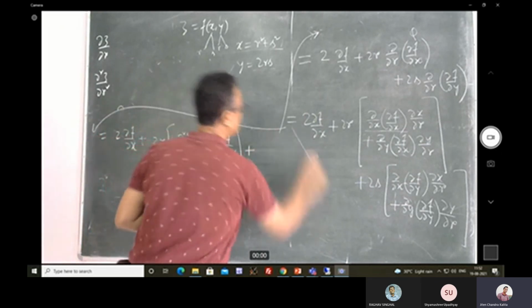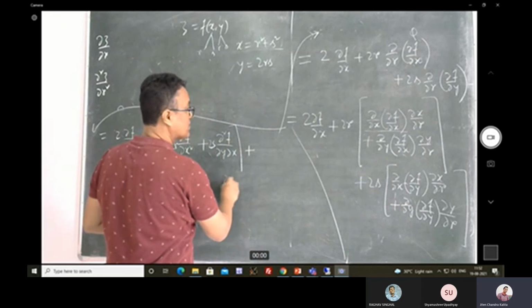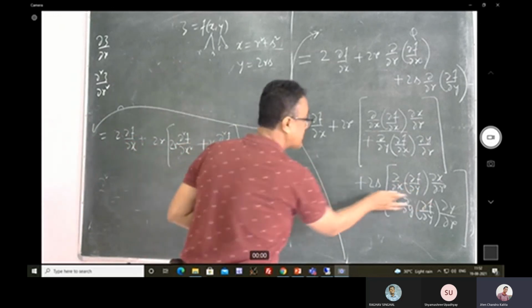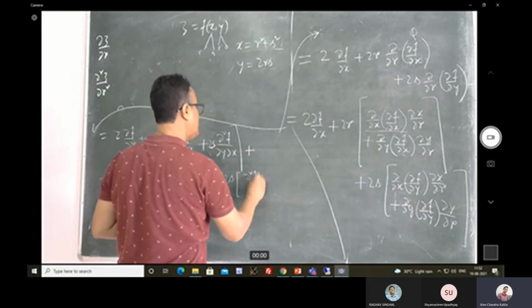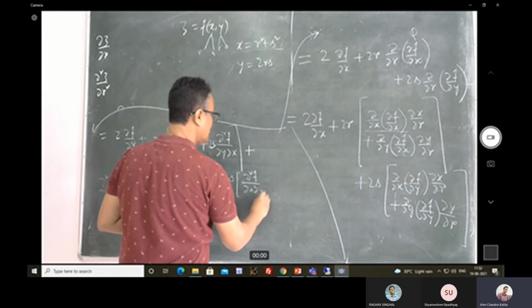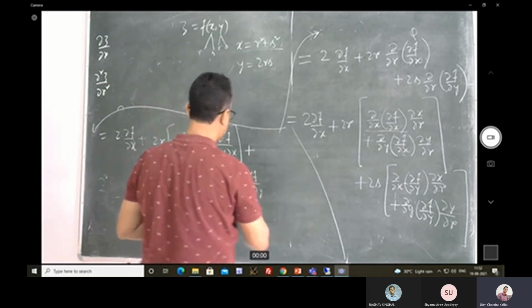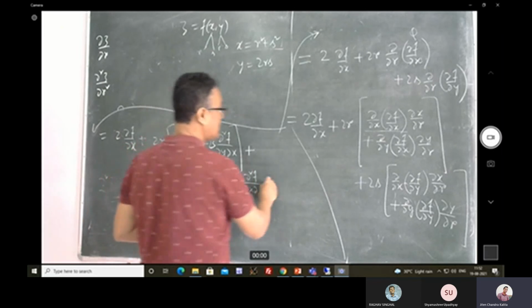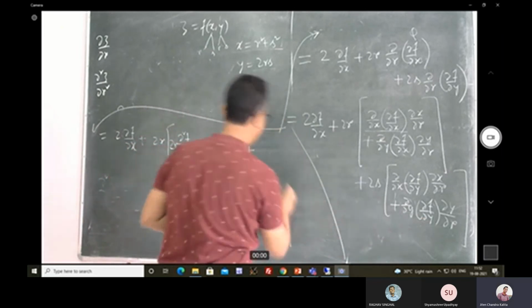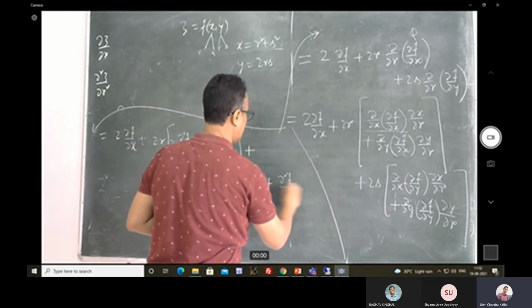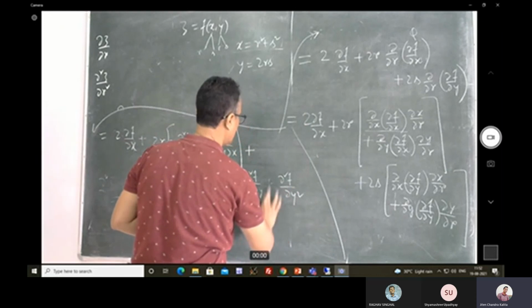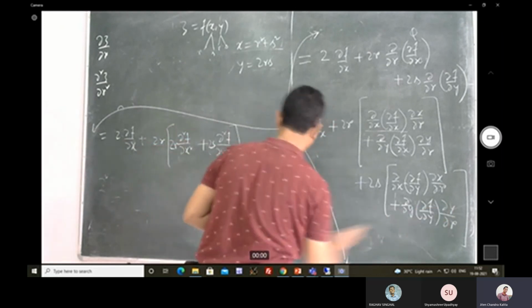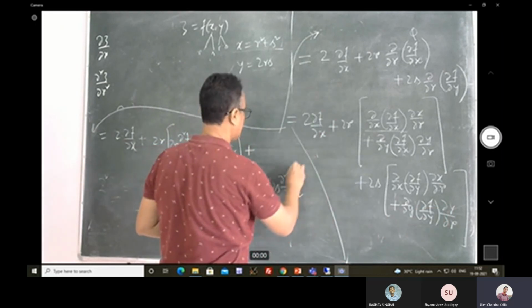Then plus 2s, and again this is a mixed derivative, I am going to keep the order as it is, and del x del r is 2r, and again del by del y, and del y del r is 2s.